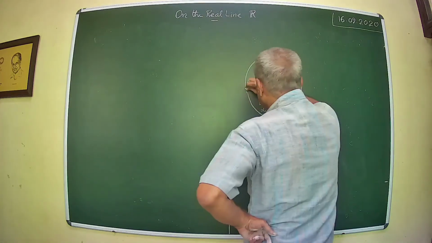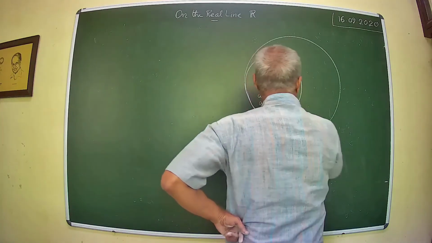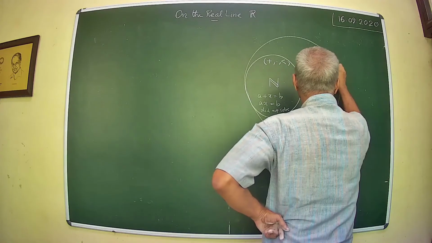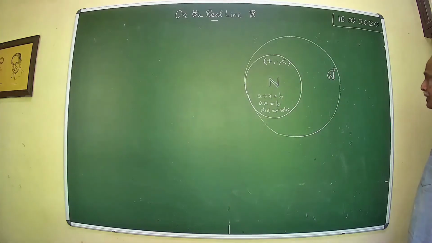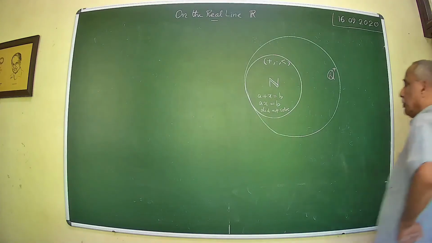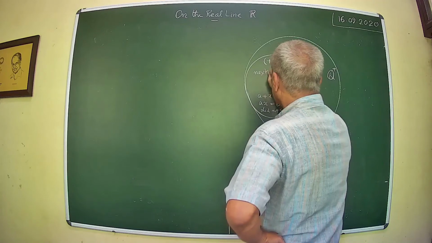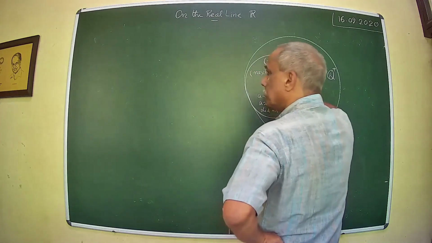Then what we did was, we extended to what is called Q plus. With Q plus, you had here the concept of nextness. This was constructed using Peano axioms.